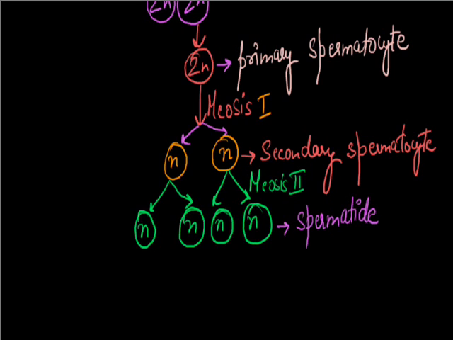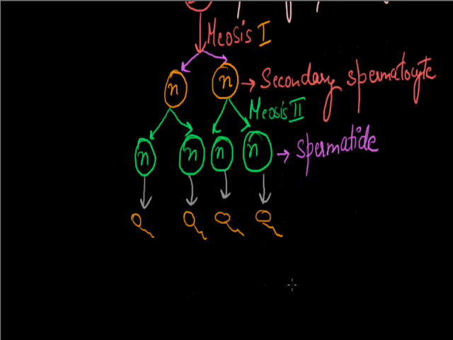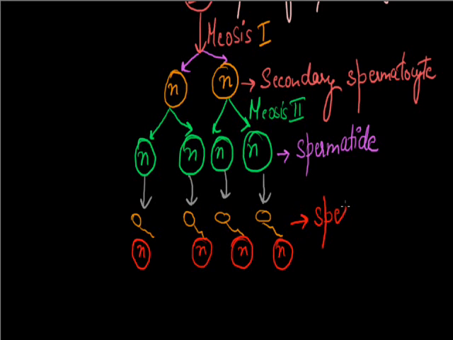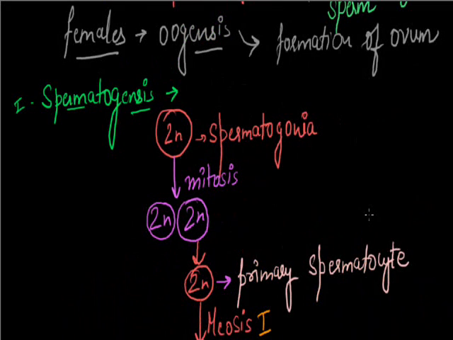Now each spermatid will mature and produce a sperm. The sperms are also n in number, that is haploid set. So in this way sperm form by spermatogenesis.